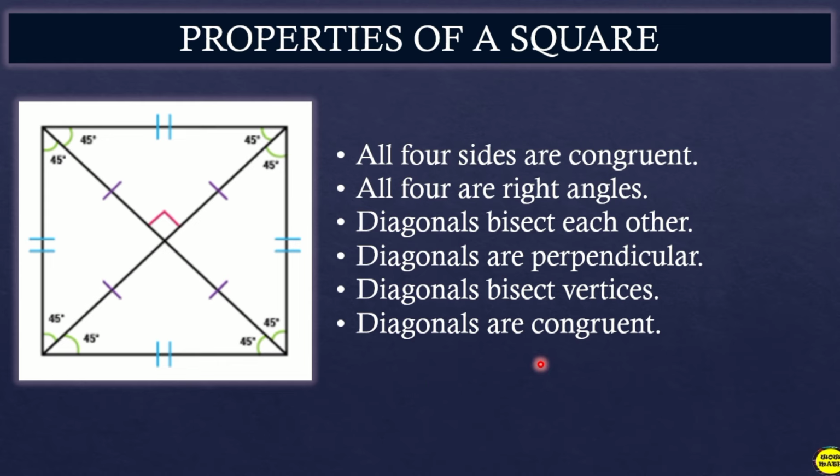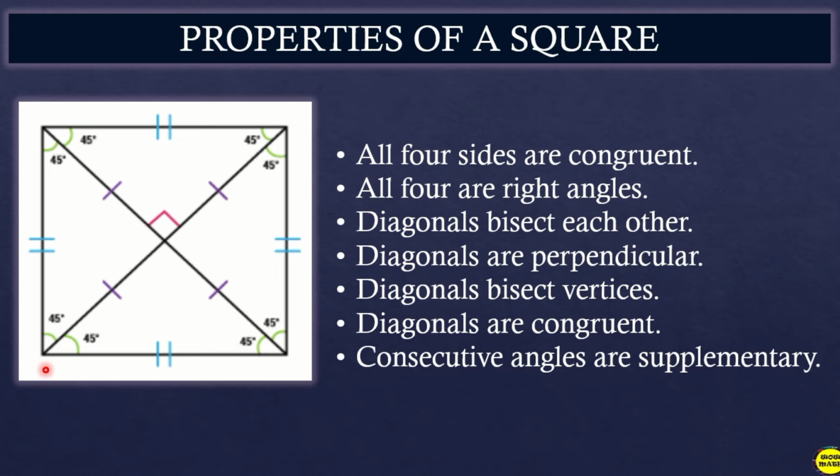Diagonals are congruent. Ibig sabihin, class, sa square, yung diagonals natin ay congruent. Kung ano yung sukat ng diagonal na to, kasing kasukat din niya yung isa. Ibig sabihin, kung anong sukat nito, sukat din ng diagonal nito. And also, consecutive angles are supplementary.